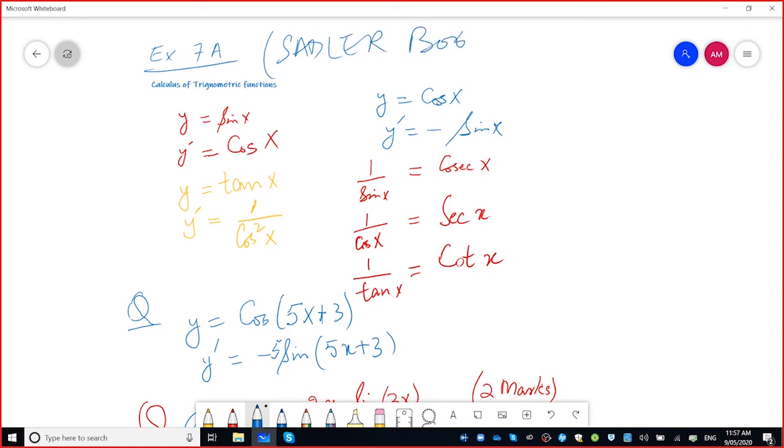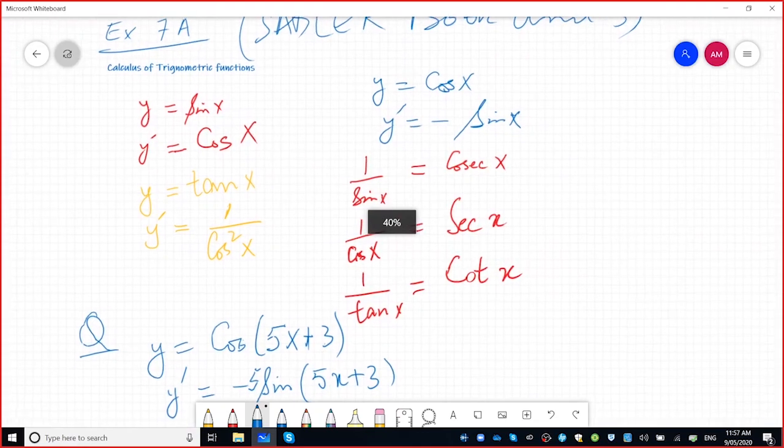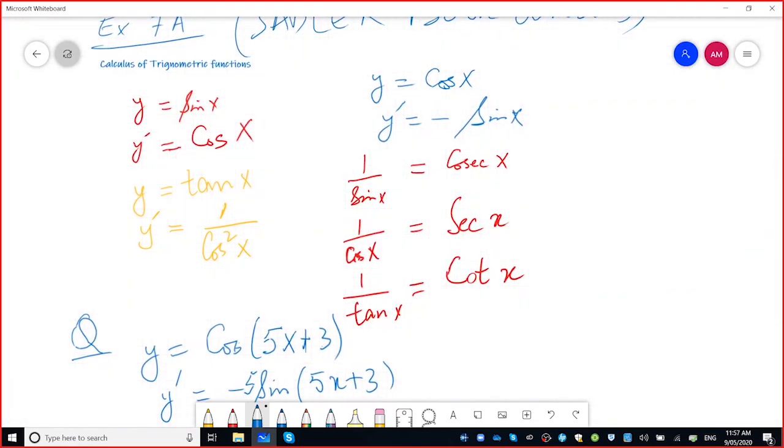We first looked at calculus of trigonometric functions. If y is sine x, the derivative is cos x. If the function is cos x, the derivative is minus sine x. If it's tangent x, the derivative is 1 over cos squared x.